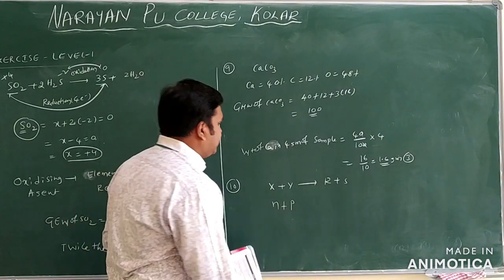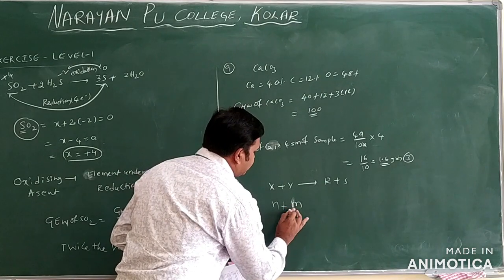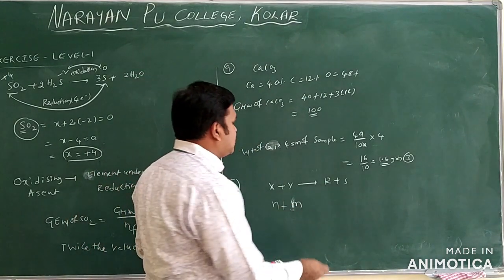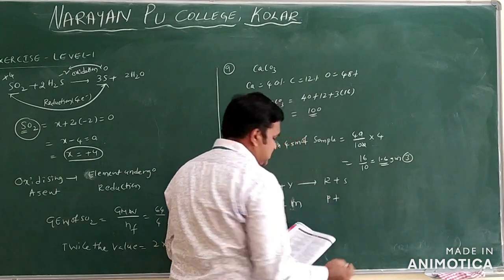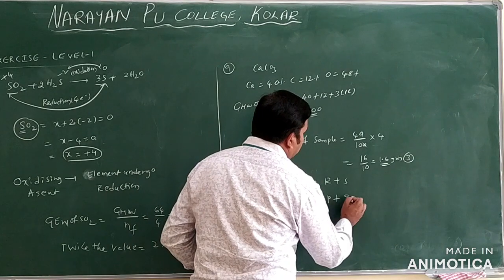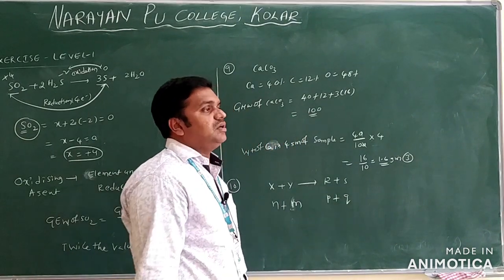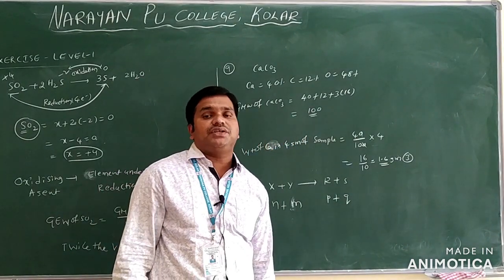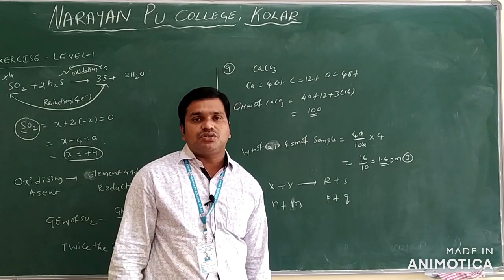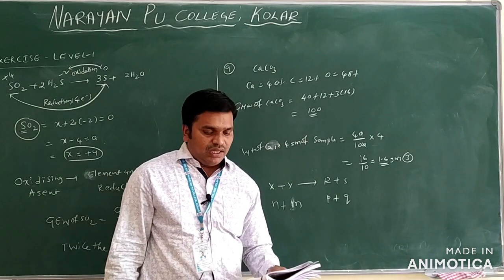How many grams of X do we have? N grams. Plus how many grams of Y? M grams only. And how many grams of R? P grams of R, plus Q grams of S only. You know one statement of the law of conservation of mass: mass of the reactants before the reaction is equal to mass of the products after the reaction only.